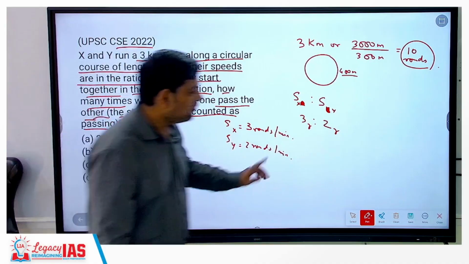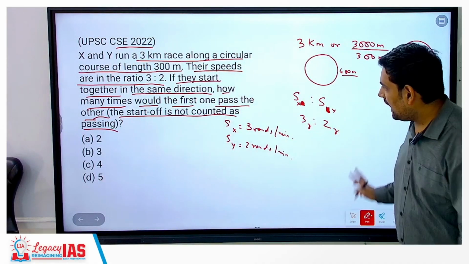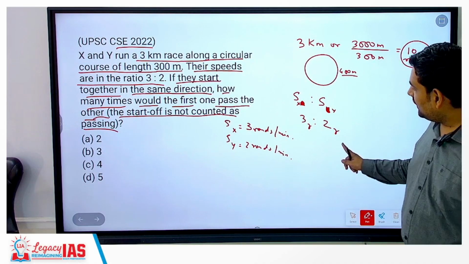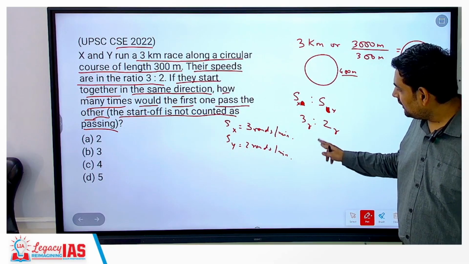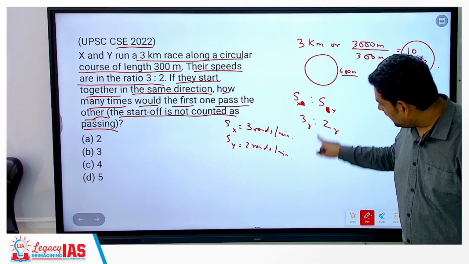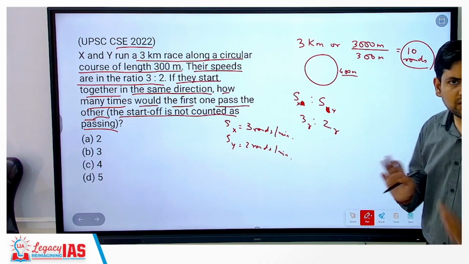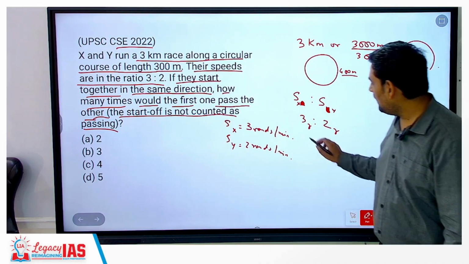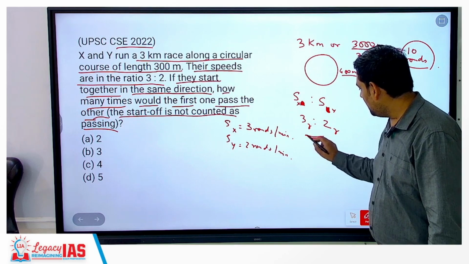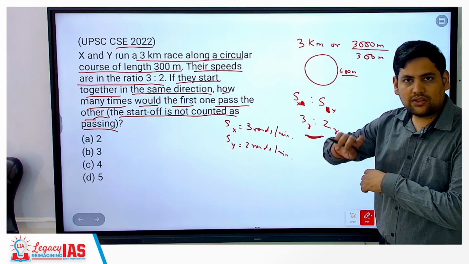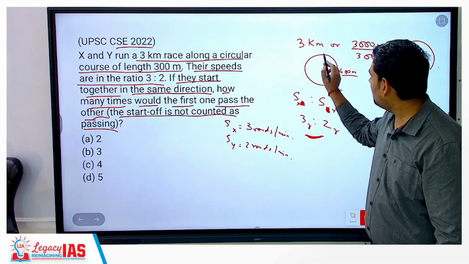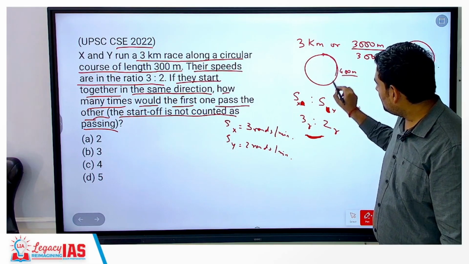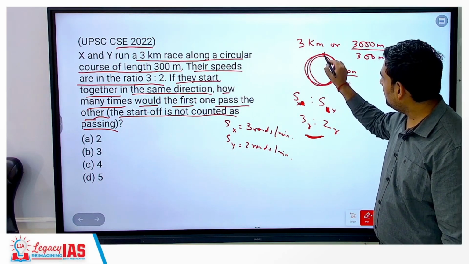So what I assume is that when X covers 3 rounds, Y covers only 2 rounds and then they meet. Correct? So when X covers 3 rounds, 1, 2, 3, now X is here.